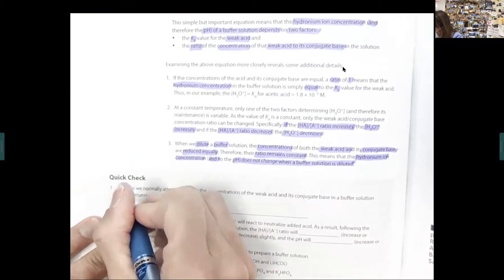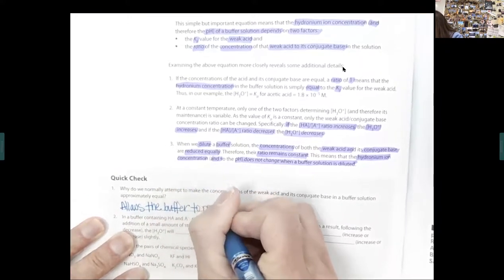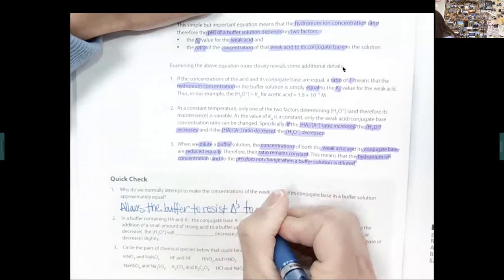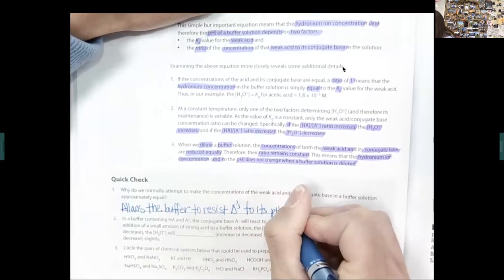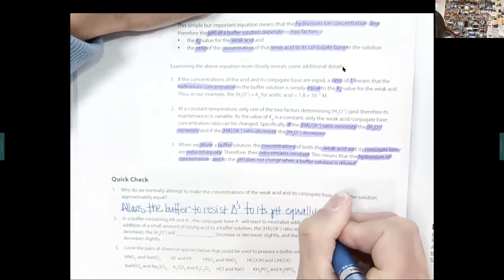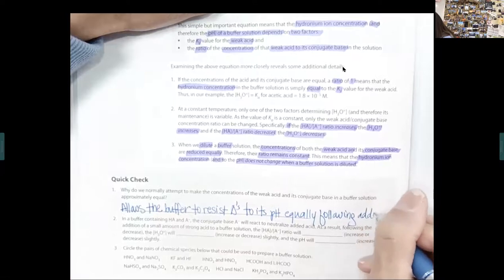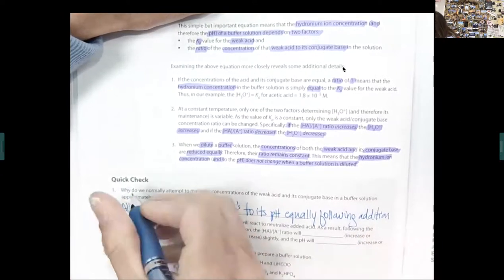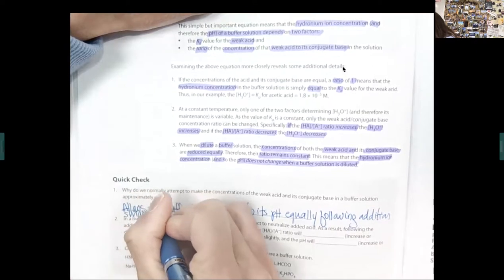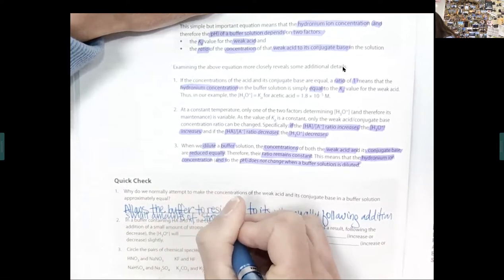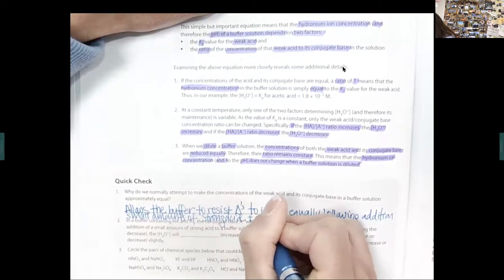Well, this is because it will allow the buffer to resist changes to its pH equally following the addition of small amounts of strong acid and strong base.